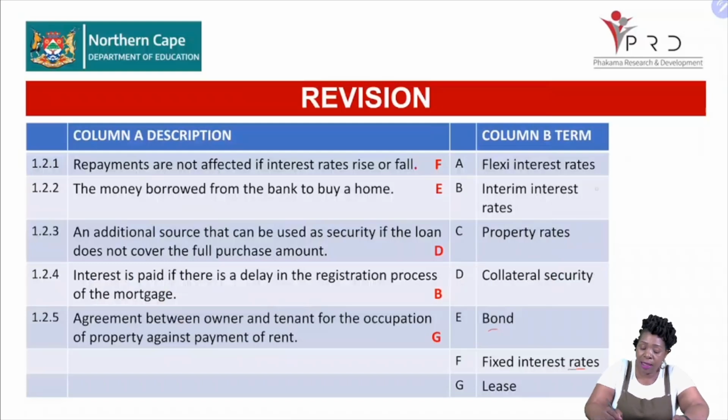Our answer there is G. You sign a lease agreement so that the landlord doesn't have the right to just throw you away anytime they want to. They have to stick to the lease that you have signed. Right, learners? I hope you got everything correct. Let's move to our next question.